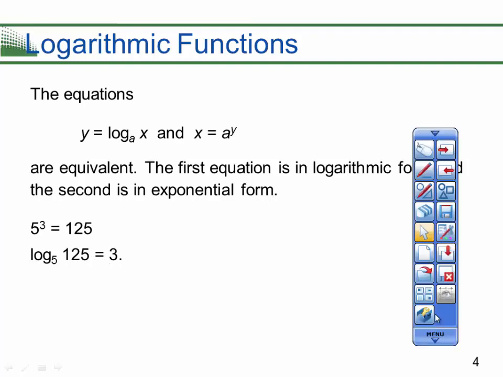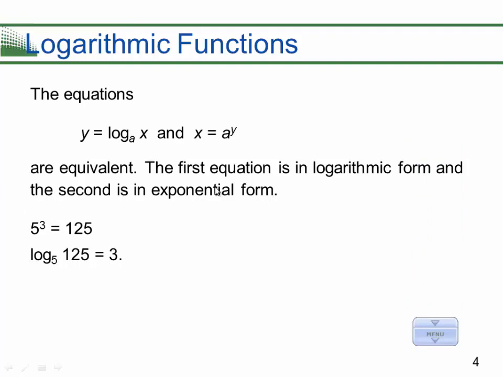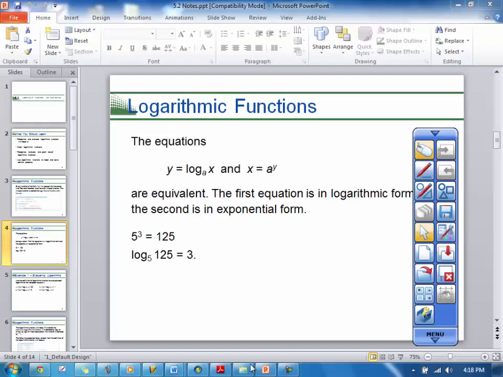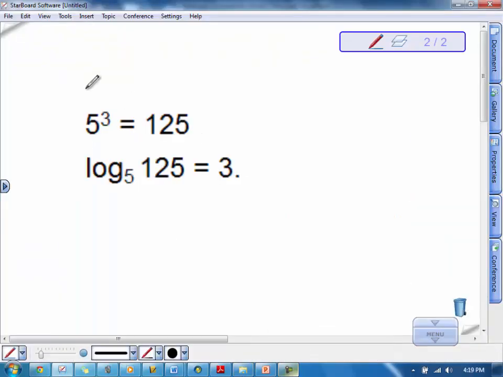I like to do this. I like to say that this is the base. So I call this the base, call this the exponent, and call this the argument, just to give them names.